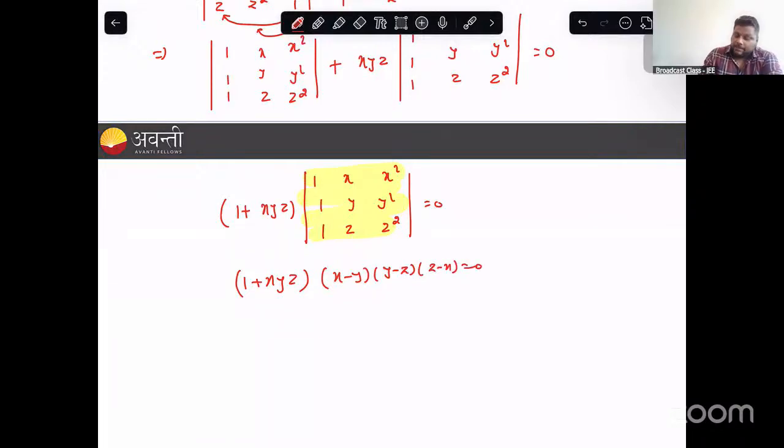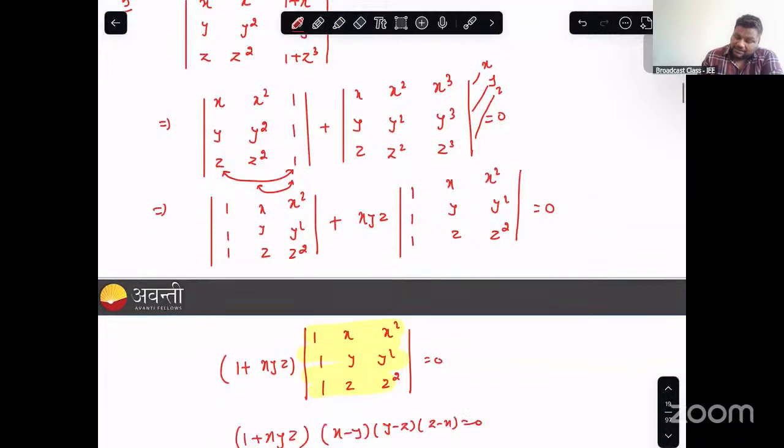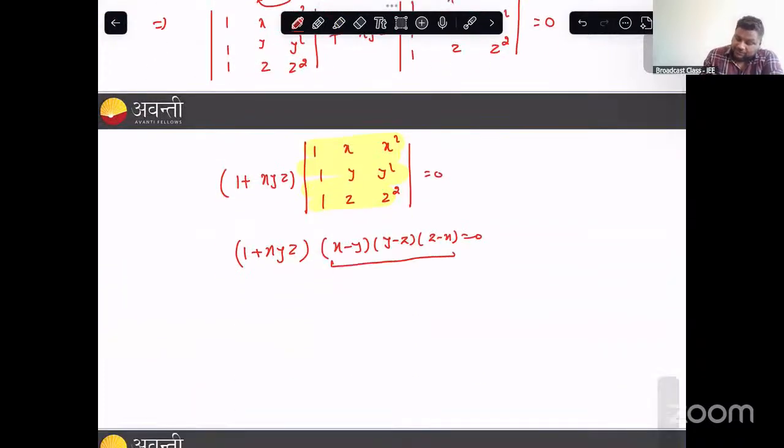Yes or no? Now this question itself says that x is not equal to y, not equal to z. So if x, y, z are all distinct, that means this value can't be 0. That means 1 plus xyz equals 0, which means xyz is equal to minus 1.